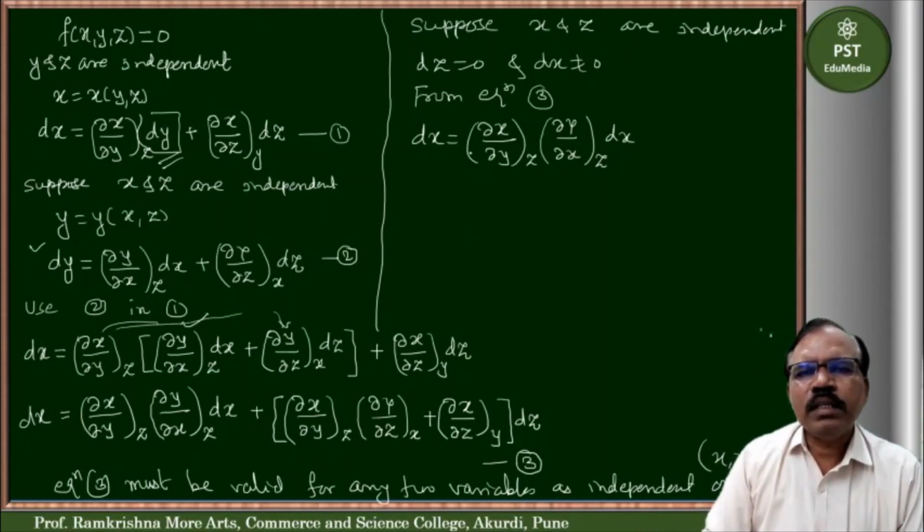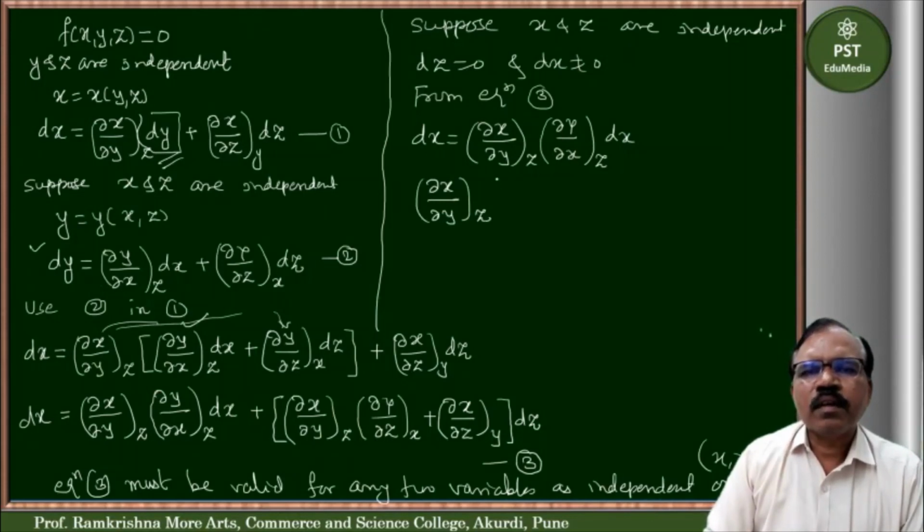So I can write partial x by partial y at constant z into partial y by partial x at constant z is equal to 1.